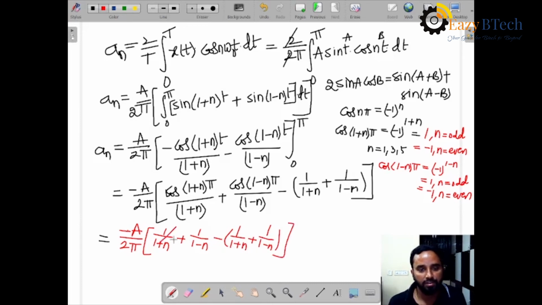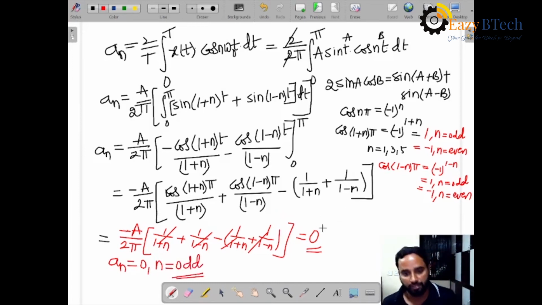So they cancel, and the answer is 0. This is the case when n is odd. So an is equal to 0 for n odd.